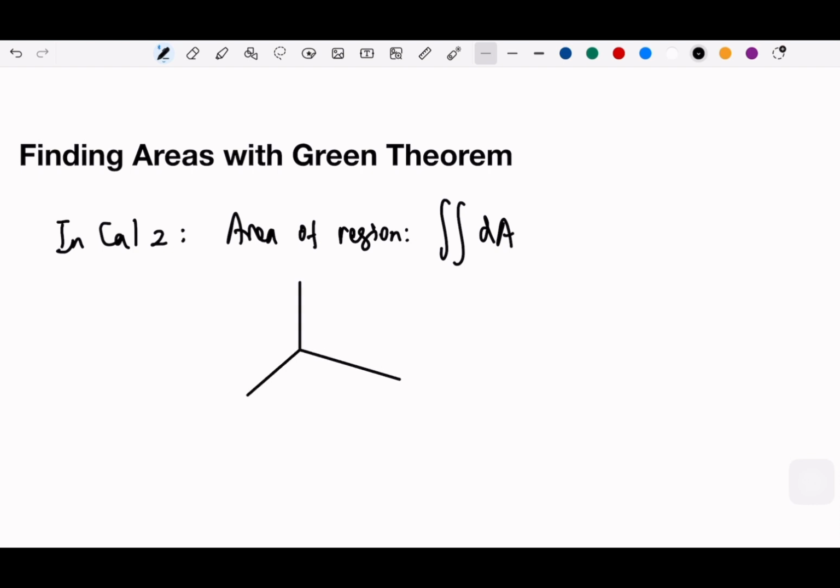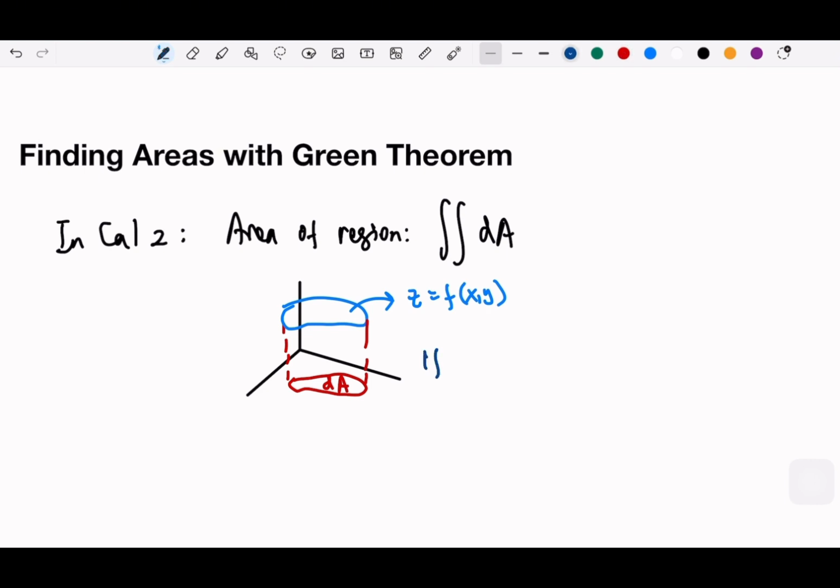If we have a surface like this, let's say this is z equals f(x,y), and then this is the projection. This is the dA, right? So the area can be thought of as if z is equal to 1. That's why we can find the area of the region using the double integral, okay?